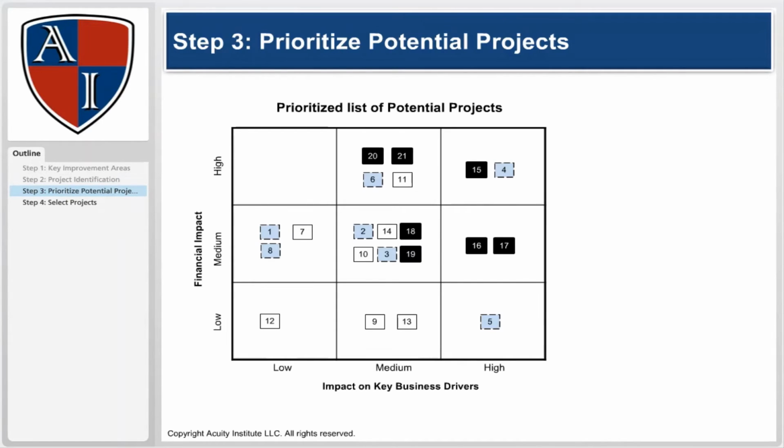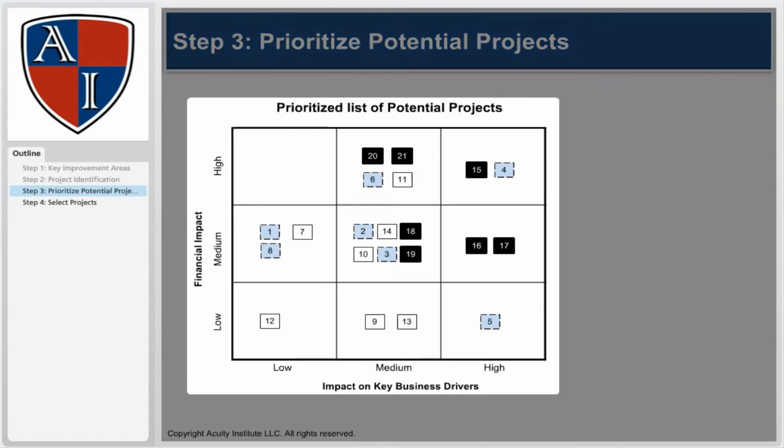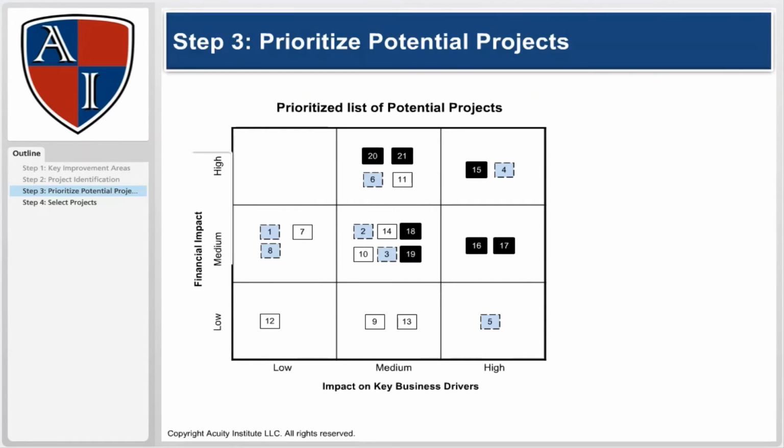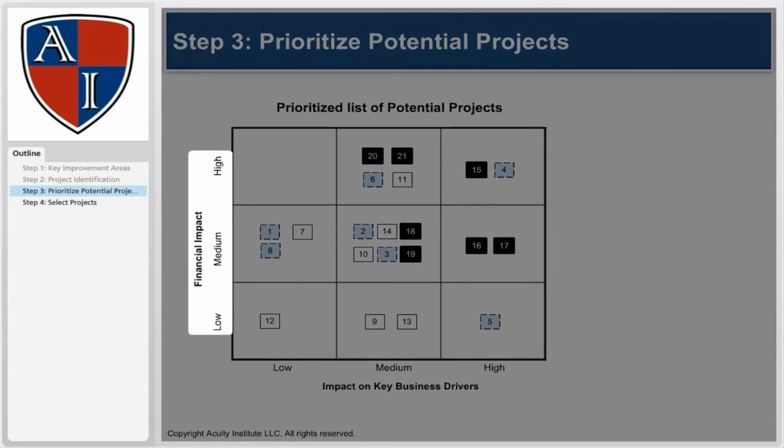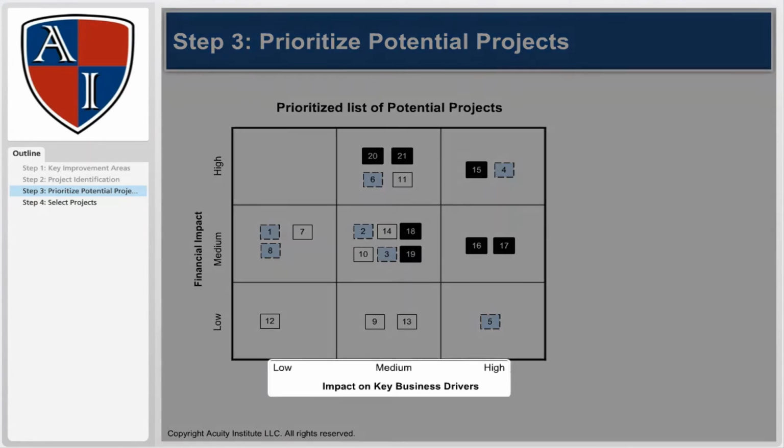Now that you've identified your list of potential Lean Six Sigma projects, your next step is to prioritize the list of potential projects. In doing this, we recommend utilizing 2 criteria in your evaluation process. The financial impact the project has, low, medium, and high, and the project's impact on key business drivers, low, medium, and high.